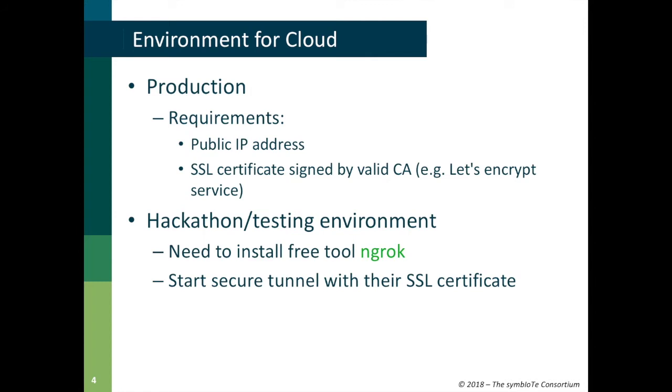This certificate can be obtained from any valid certificate authority. There is a free one, Let's Encrypt, and in the written instructions in the wiki you have instructions for getting that as well. The second kind of environment is a temporary one, so it's not for production use.